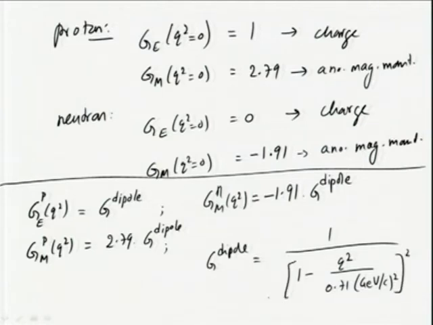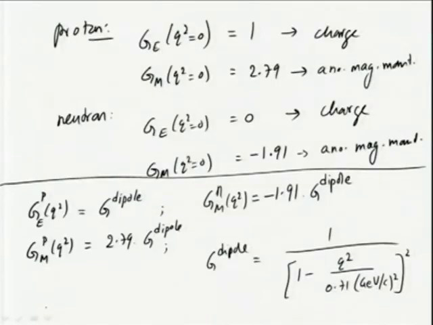You can see that when q square is equal to 0, G dipole is equal to 1, and we get back the anomalous magnetic moment and the charge of the respective particles. This particular dipole form factor is obtained by fitting the experimental data.